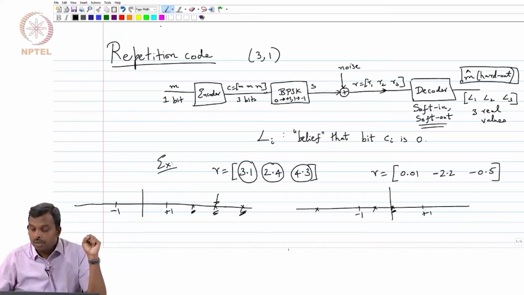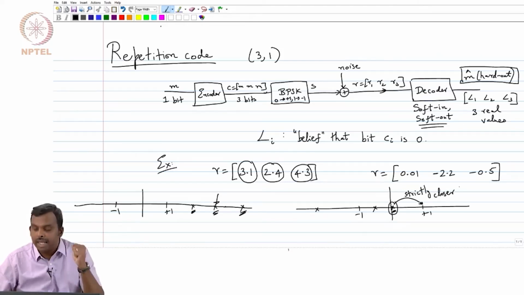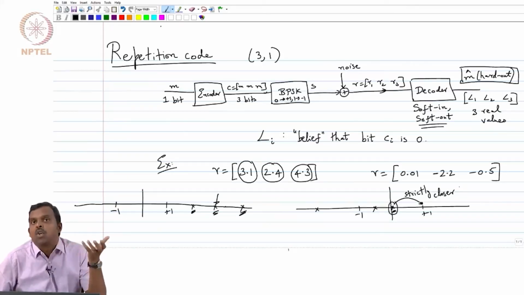Now if you look at 0.01, of course, if you do a hard threshold, you're going to say the transmitted symbol was +1. The hard threshold will go towards this. This is strictly closer. But my confidence in saying that the transmitted symbol was +1 is not very high. Just looking at 0.01, it's not very high.